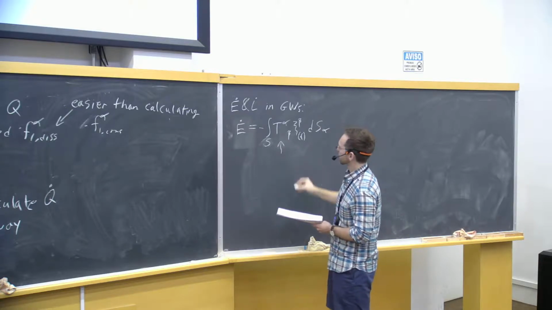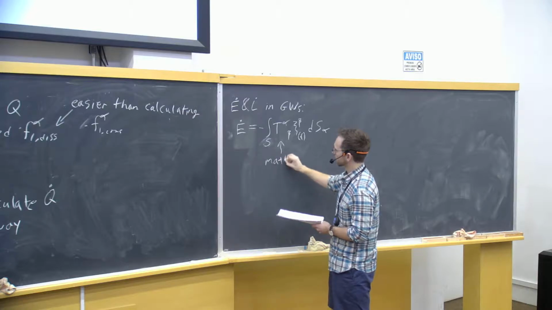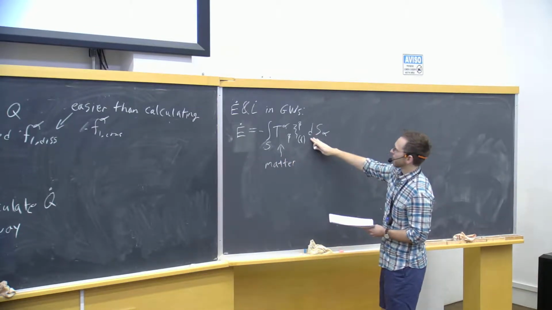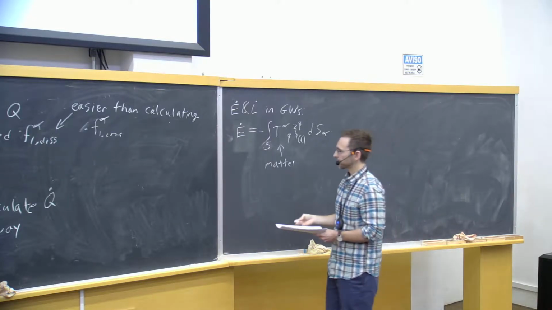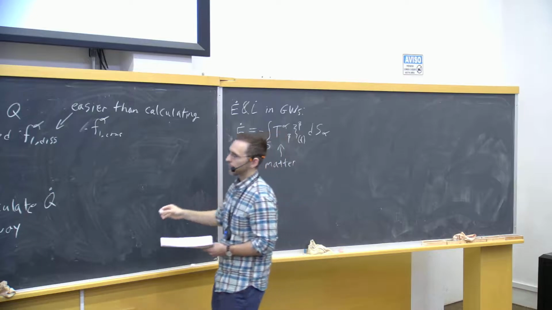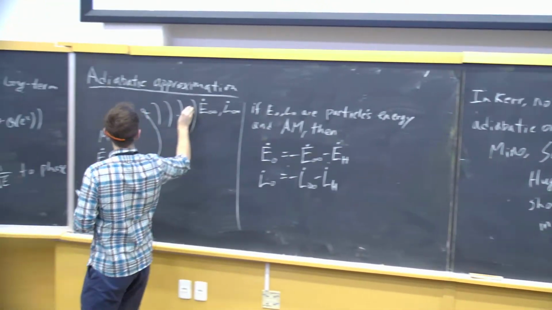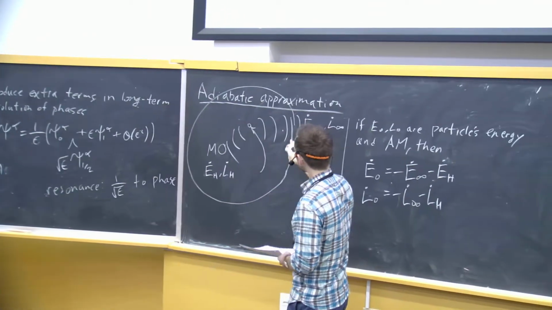So this is the flux of energy carried by matter. This is the outward directed surface element. So say we put a sphere here. What we're looking at is an integral over the sphere.